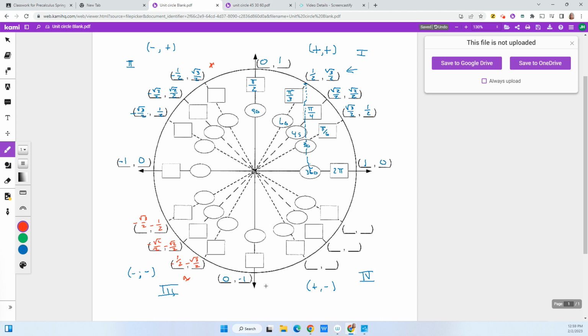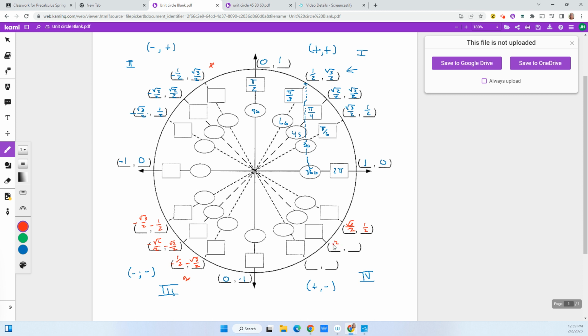Same thing though with quadrant 4. Quadrant 4 is going to flip over onto quadrant 1, right? And so we would know this is going to be radical 3 over 2. Ooh, that is just some terrible handwriting. Radical 3 over 2, 1/2.